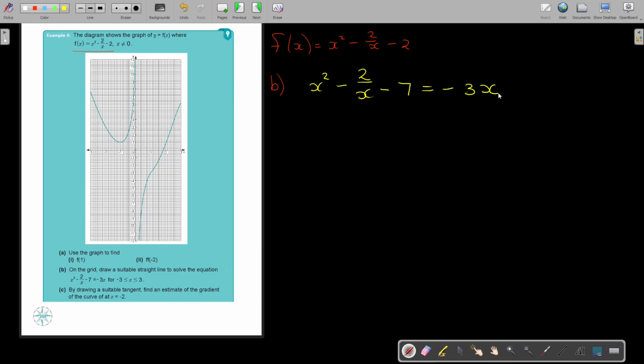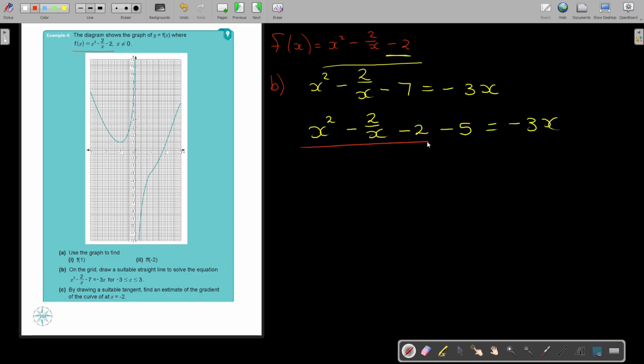Basically, what I'm trying to do is get it to the original. So it's going to be x squared minus 2 over x, it's going to be -2, -5, and that's -3x. There is my original.